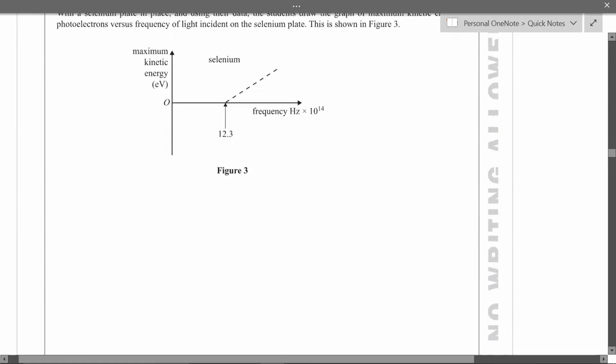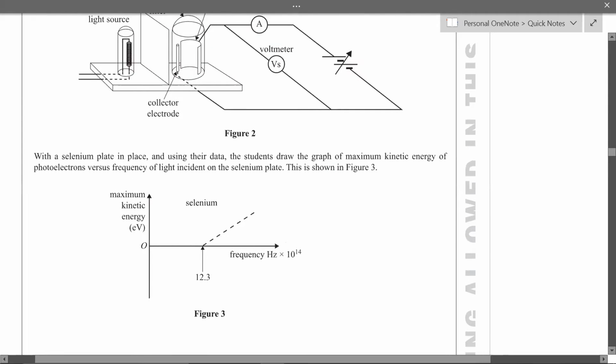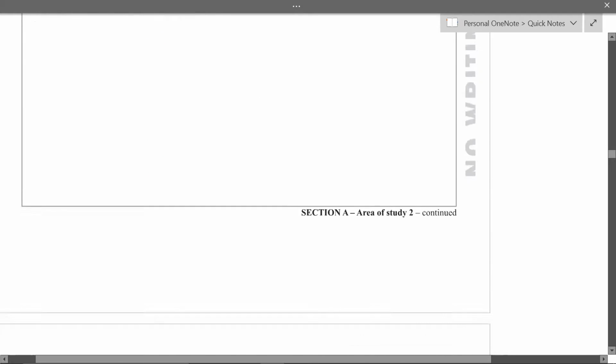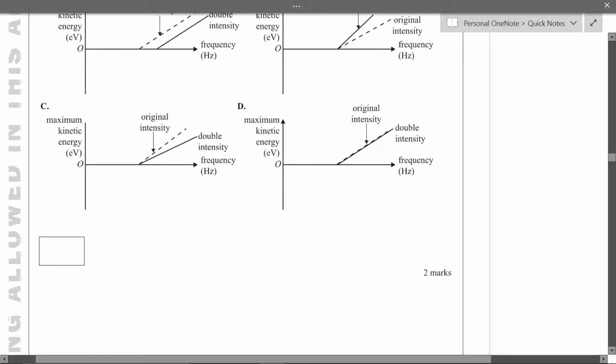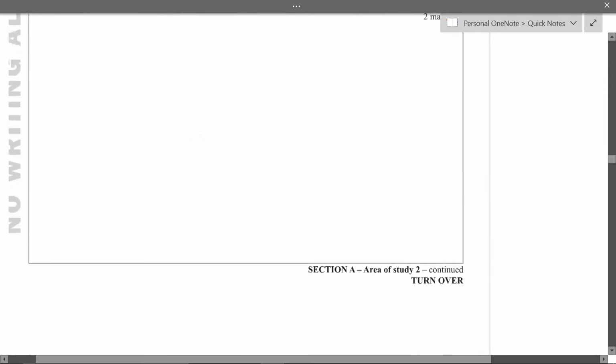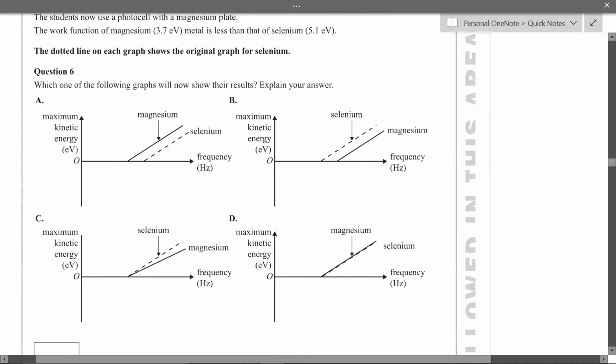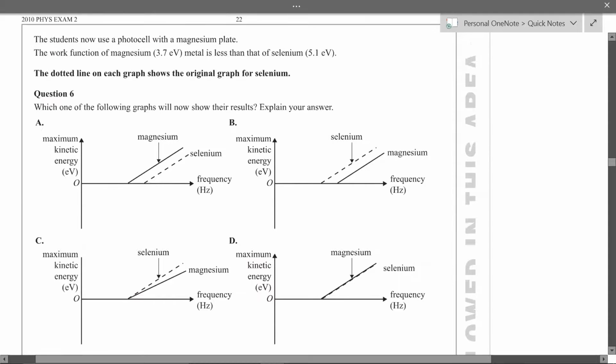So, photoelectric effect. Usually they'd have a line here and that would be a work function, but there's no scale, so there's no point in drawing that. Students double the intensity of light, and the following graphs show the results. Intensity does not affect the kinetic energy, so there would be no effect, so it's D. Now they're using a work function less than the original work function.